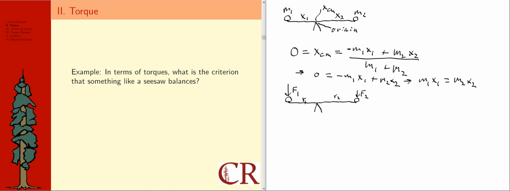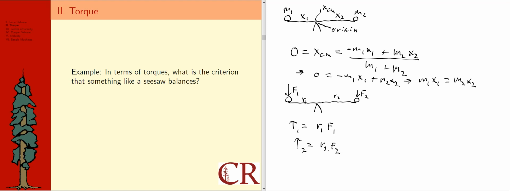In that sense, the torque due to the first one would be equal to R1 F1. They are at right angles, so sine of 90 degrees is equal to 1, so it's okay to just write that. And the torque for the second mass would be R2 F2.